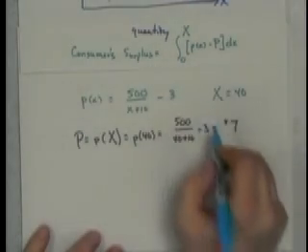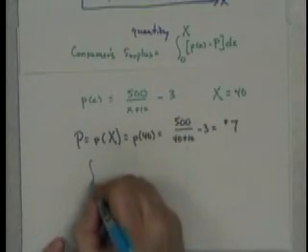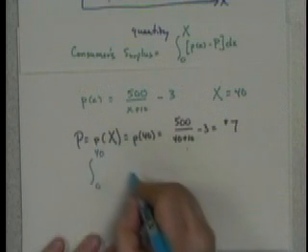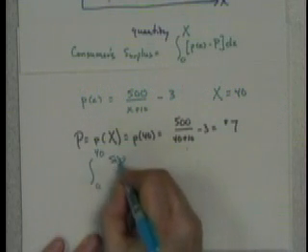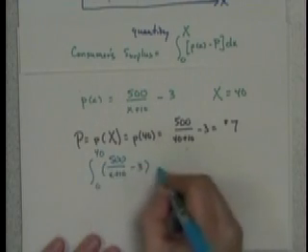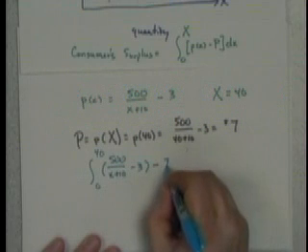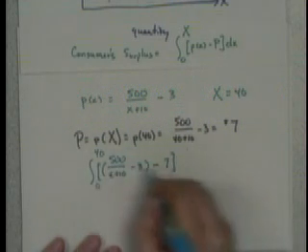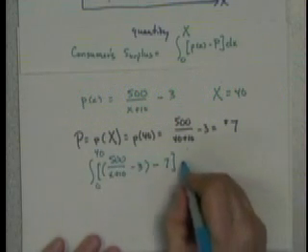So again, now I can plug in here. The integral is going to be 0 to 40 of 500 over x plus 10 minus 3. That's my p of x. Minus 7, which was my capital P, dx.